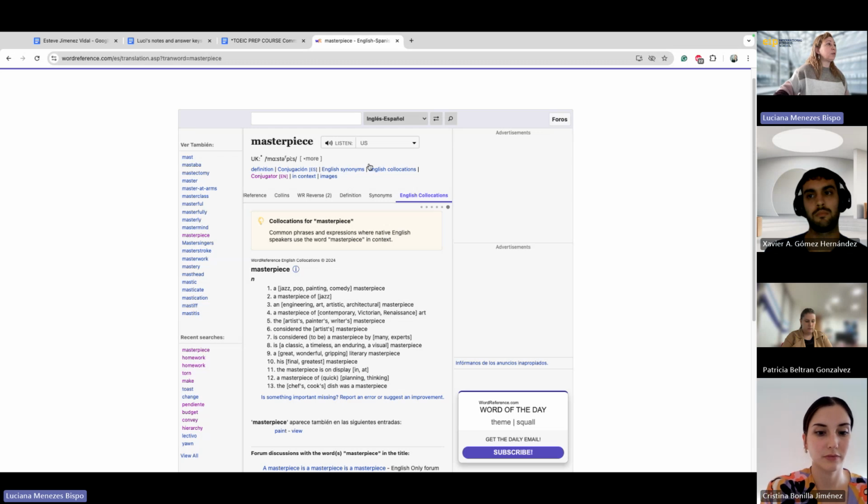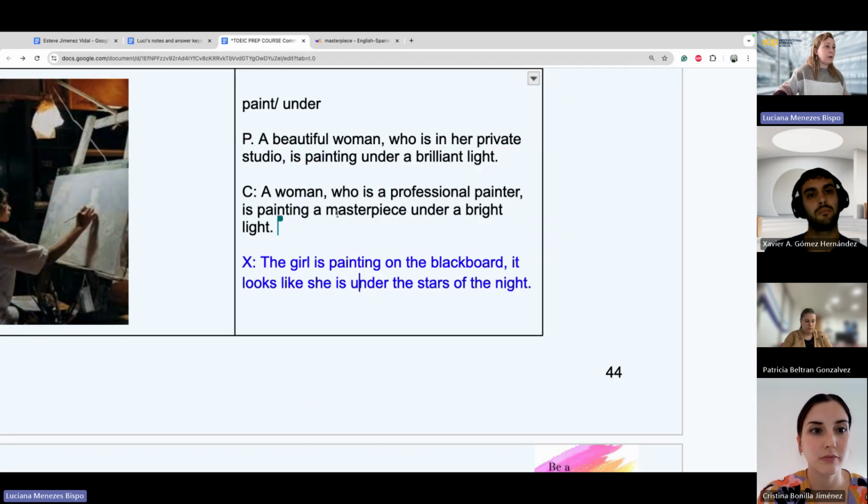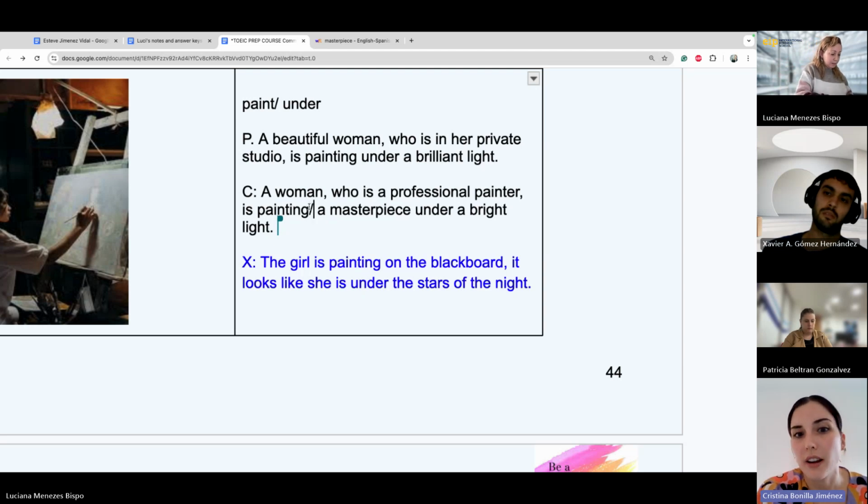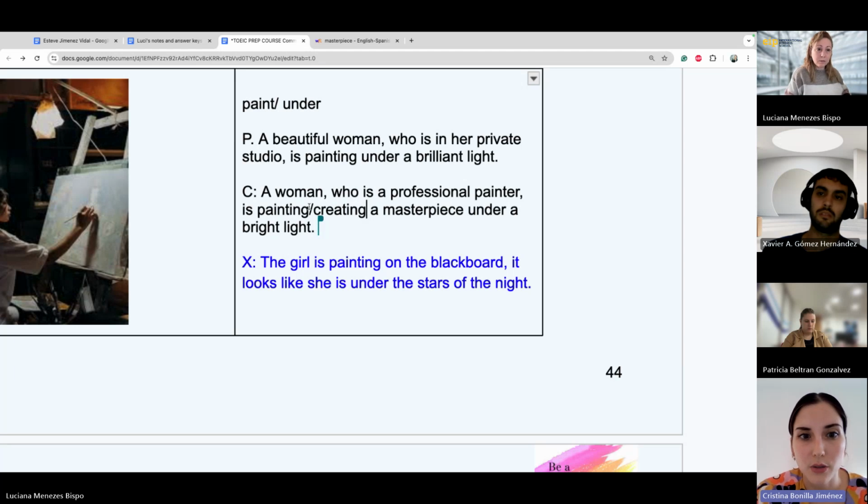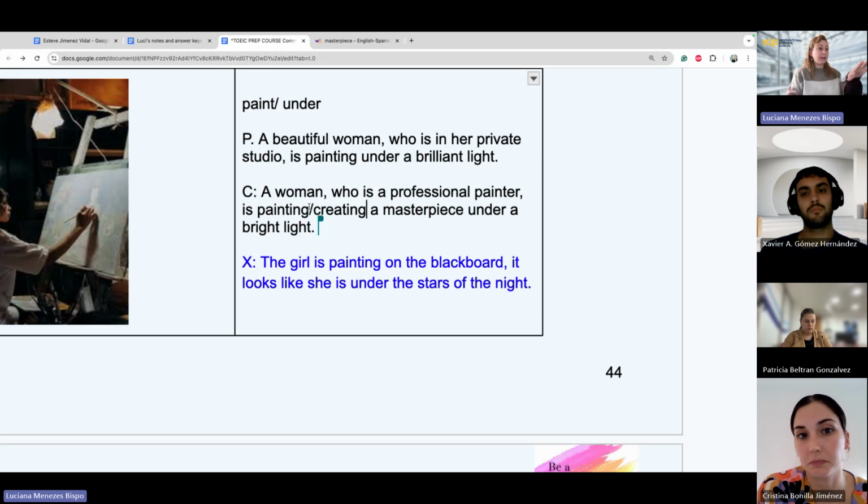I don't dare to tell you it is correct. I would stay with painting a masterpiece. Or creating. I looked for the collocation, and I read that it is consider, create, regarded. So let's leave it like creating or painting.